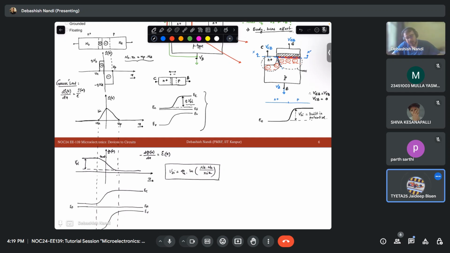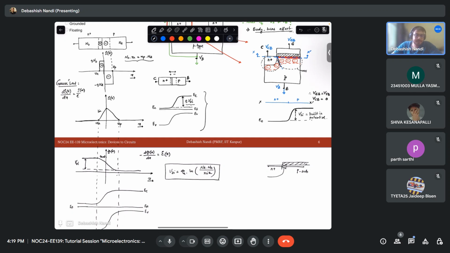So in the MOSFET case, what I was telling is that this is the N plus contact and this is the P-type substrate. I was drawing the band diagram of this diode, and this was my oxide. This is how the band diagram along this x and x dash cut section will look.